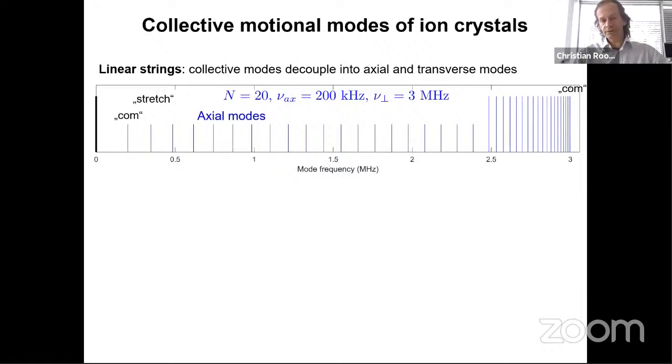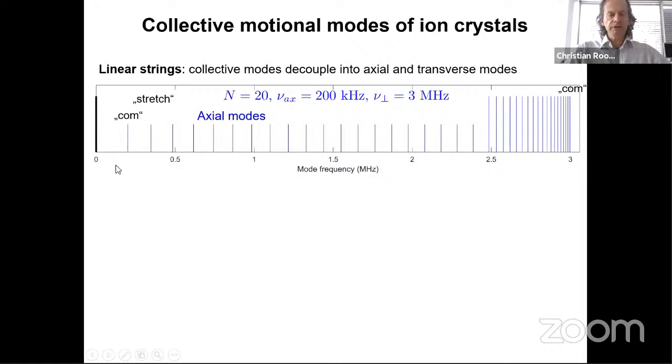For linear strings, these collective motional modes decouple into a set of motional modes that describe the motion along the axis of the ion crystal, and into two other sets of modes in the transverse directions that describe the ion motion along one transverse direction and along a second transverse direction. It is straightforward to calculate these oscillation frequencies. Because of the Coulomb interaction between the ions, the oscillation frequencies are not the same, so they're not degenerate.